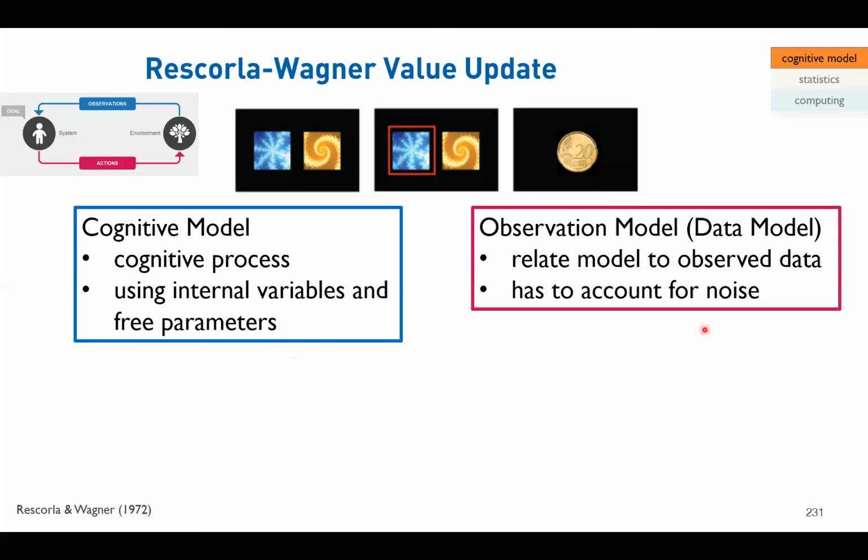Here the observation model kicks in. When we have the cognitive part and the real data collected from the participants, we can make the connection. We use some linking function so that the cognitive part can be connected to the real data.